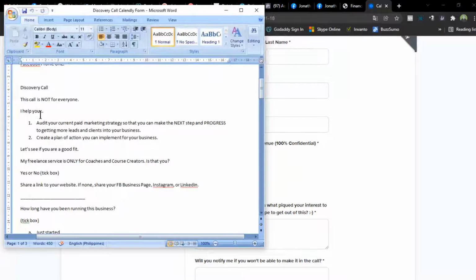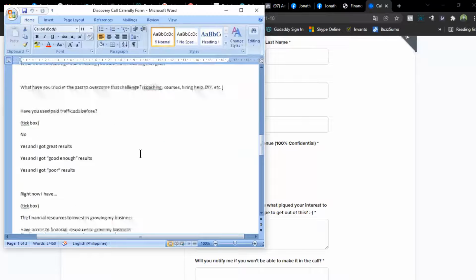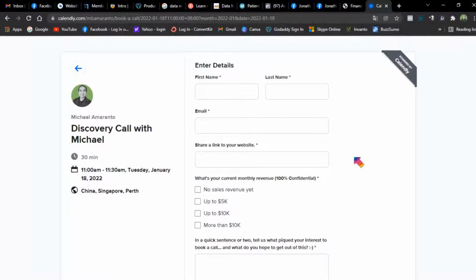Let's say your financial advice or service is only for your particular ideal people. So you're going to have to ask them, is that you? And there's going to be a yes or no tick box. So anyway, these are just questions to also do some market research upfront.